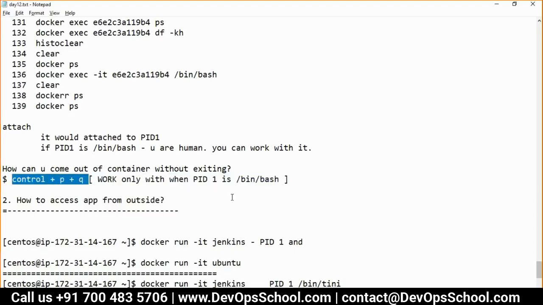Busybox, if you want to come out of it, Ctrl+C, exit. You cannot safely exit. Okay, Rajesh. See, every utility has certain commands which it supports. Busybox does not support this command. Busybox understands one command, Ctrl+C, which means exit yourself.